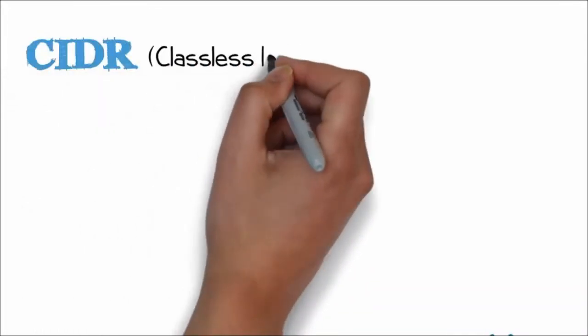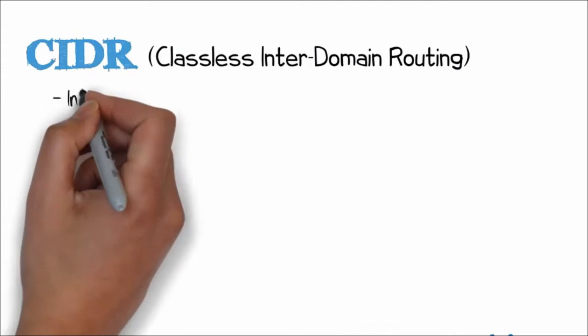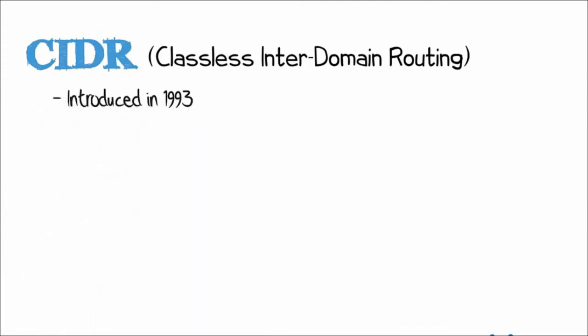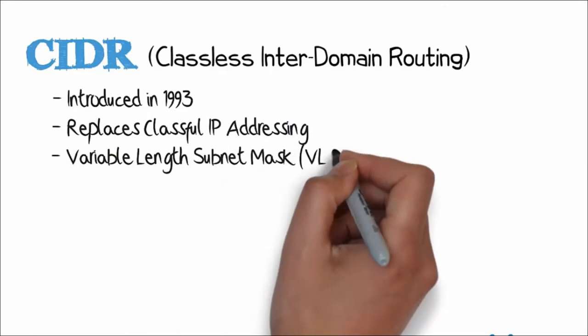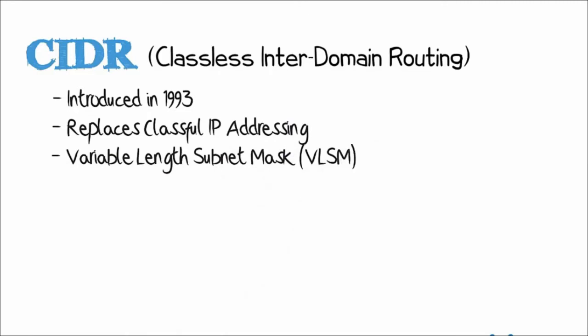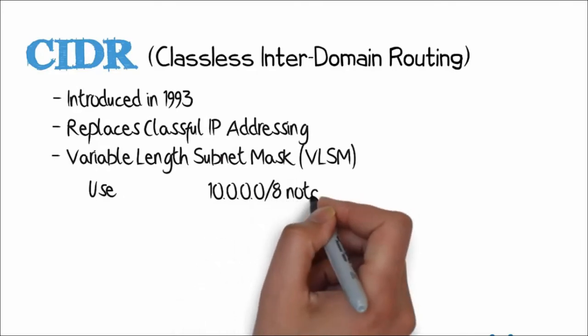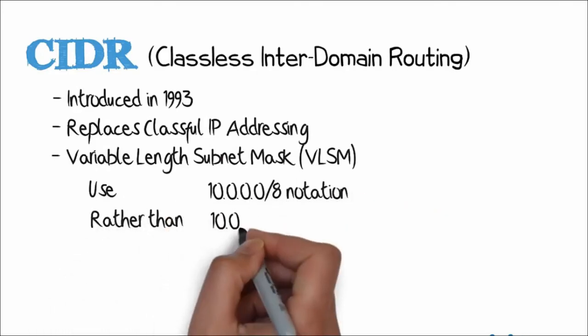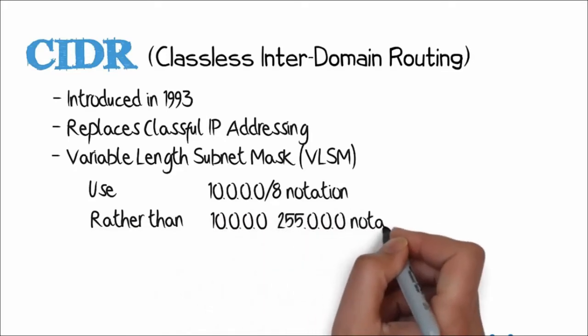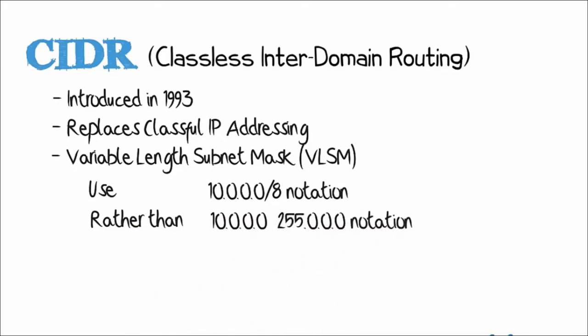Now, as I mentioned, CIDR, or classless interdomain routing, was introduced in 1993, and CIDR replaces classful IP addresses. This allows us to use variable length subnet masks, or VLSM, and uses the notation 10.0.0.0/8 rather than the notation of 10.0.0.0/255.0.0.0.